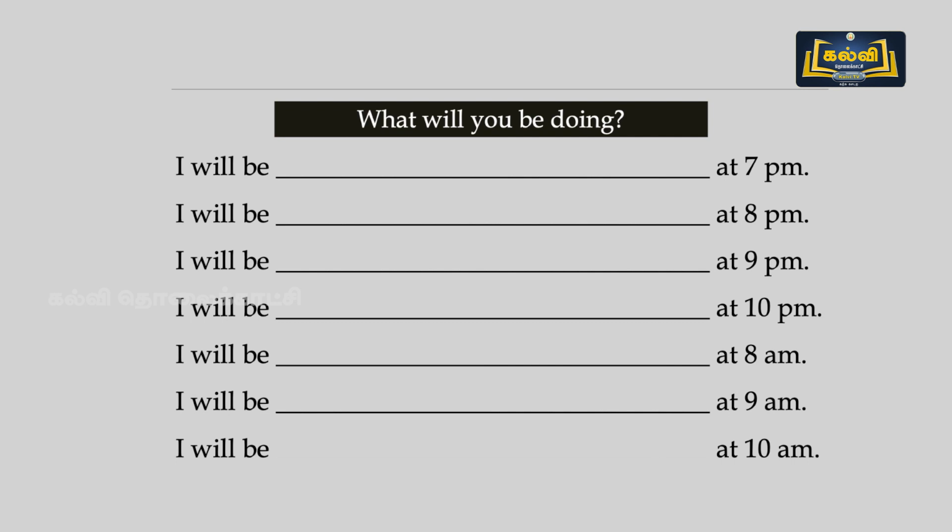I'll be sleeping at 10 p.m. and I'll be getting ready for school at 8 a.m. in the morning tomorrow, and I'll be going to school at 9 a.m. tomorrow, and I'll be attending classes at 10 a.m. tomorrow. So you are expressing future actions which will be in progress at certain point of time in the future.